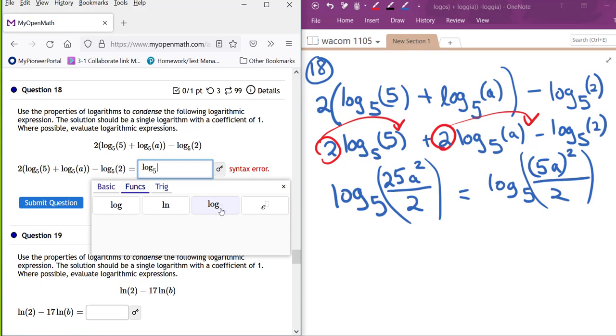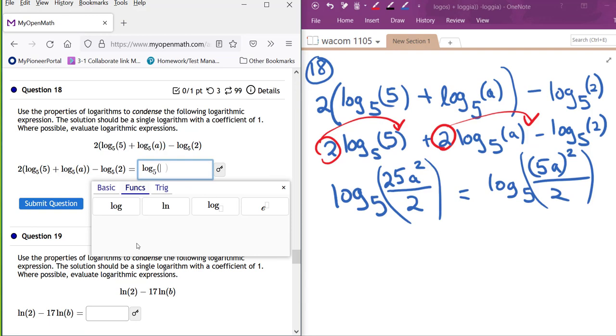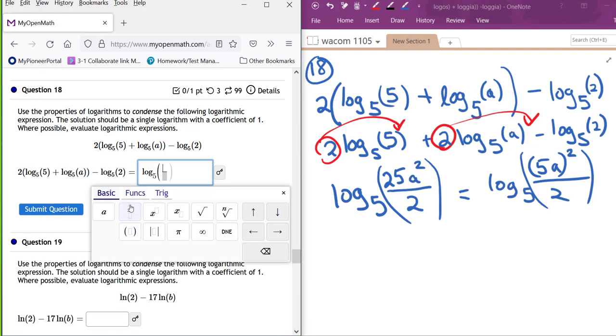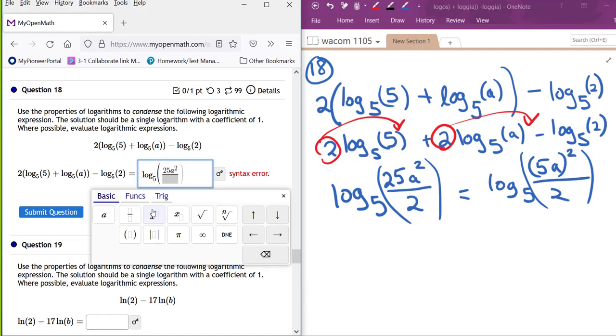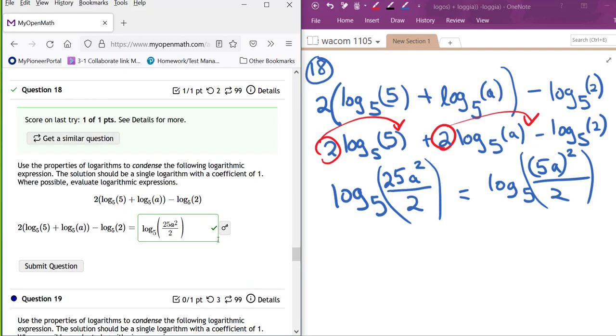Come out of that, and I'll put the parentheses. And I'm going to enter the fraction. I'm going to put the 25. And this was a 2. And so they're fine with that.